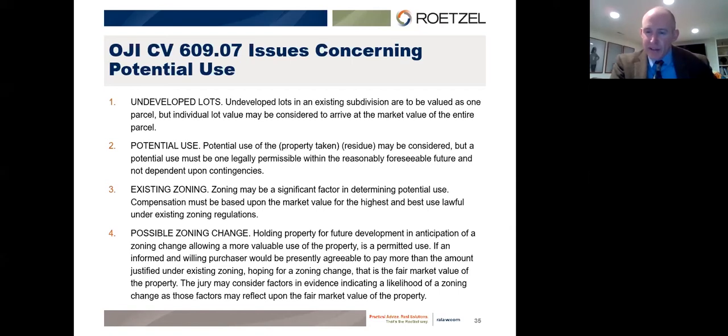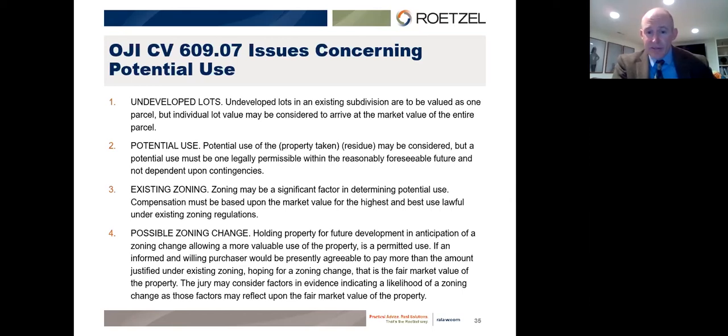Basically, you're supposed to value the property based on the existing zoning, unless a prudent buyer would be presently willing to pay more for the property based on the possibility of a zoning change, even though it hasn't happened yet. They're willing to pay more now.